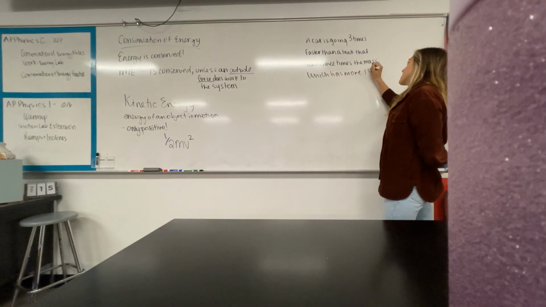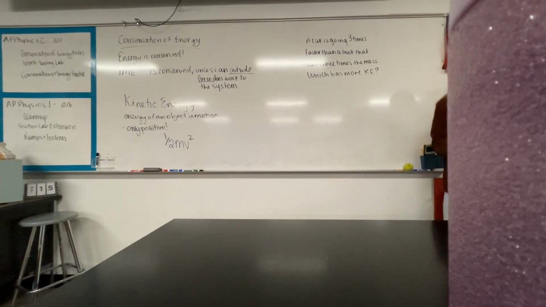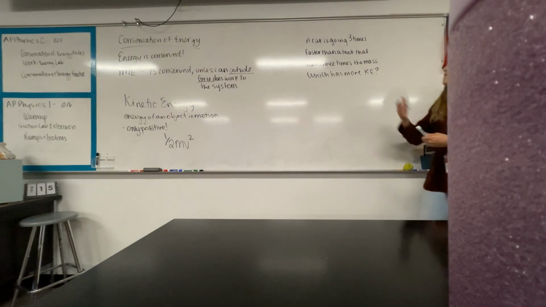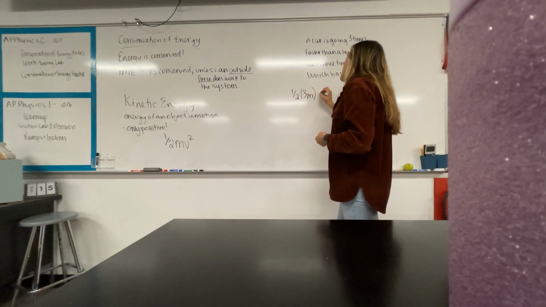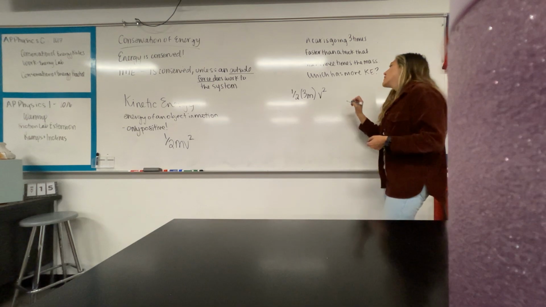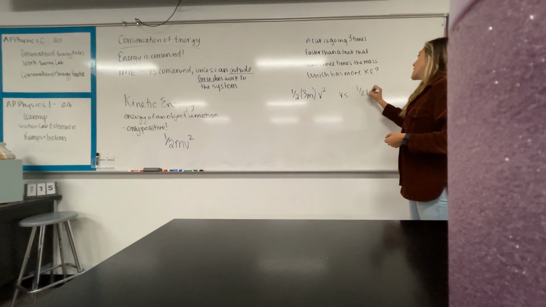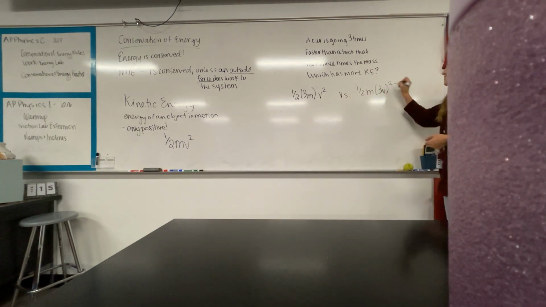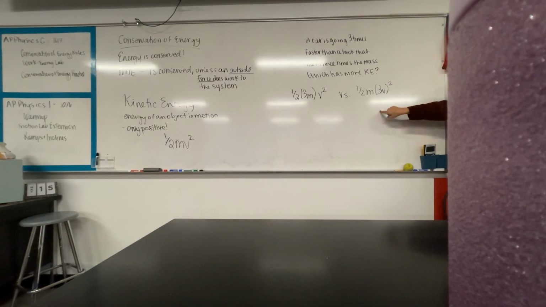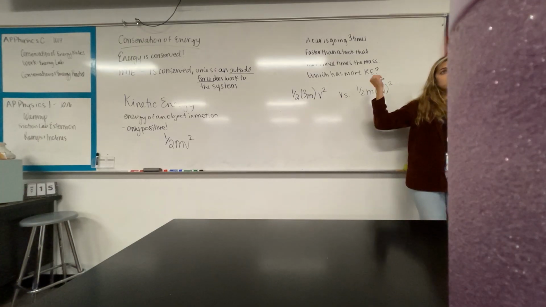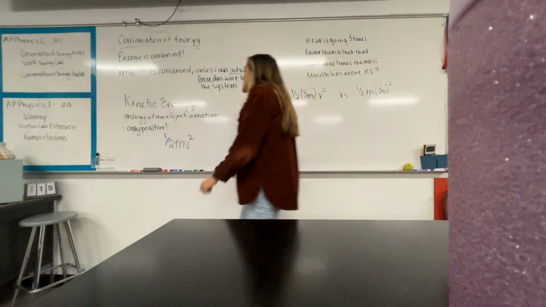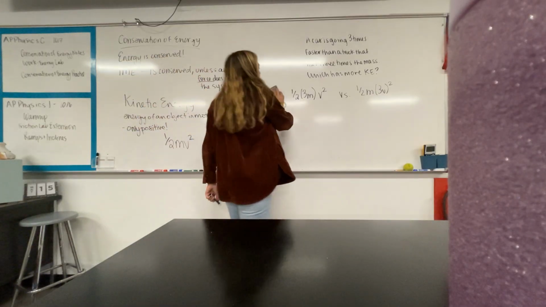The car. Why? Velocity squared, right? So even though the truck's 3 times more massive, since the car is going 3 times faster, if you want to see that worked out, 1/2 times 3m times v, that would be the truck, versus 1/2 m times 3v squared. So this is going to work out to be bigger than that. Questions about this? All right. So that's kinetic energy, one of our 3 options.